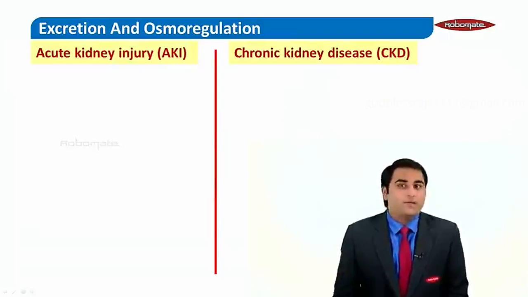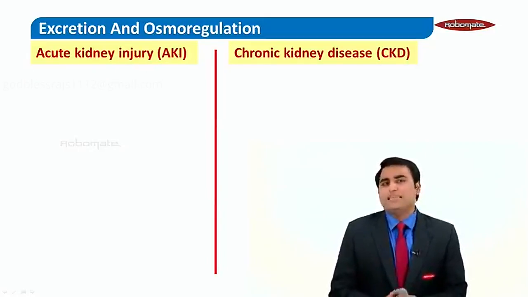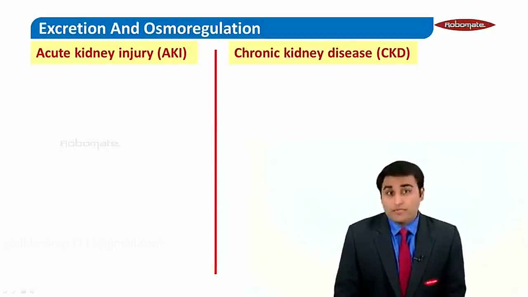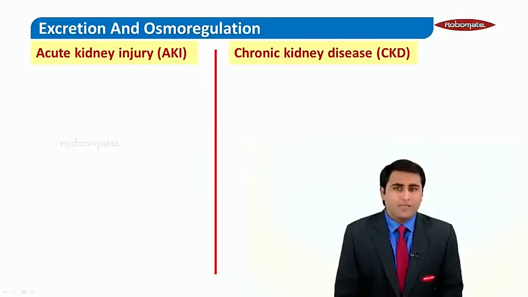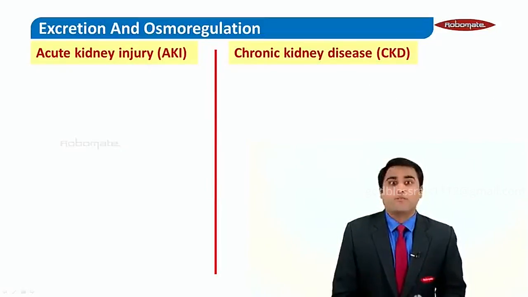Now here we are doing a comparative study of acute kidney injury and chronic kidney disease. Both of these are basically kidney diseases. There is renal failure, that is loss of renal function, basically a loss of functioning of nephrons. The kidney is not able to function properly.